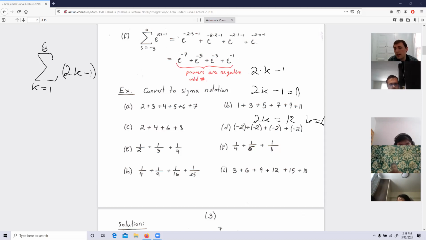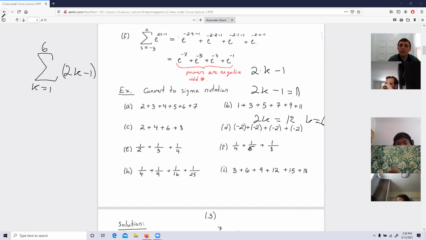If I am counting just k, then to get 1, k has to be equal to 1, and to get all the way to 11, 2k minus 1 has to equal 11, which means k has to equal 6. Do you understand? You can either just see it right away or solve the formula: 2k minus 1 is 11, 2k is 12, k is 6.